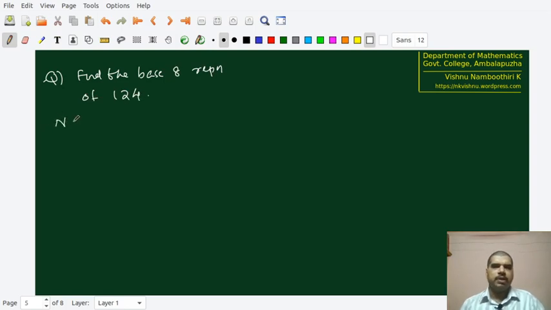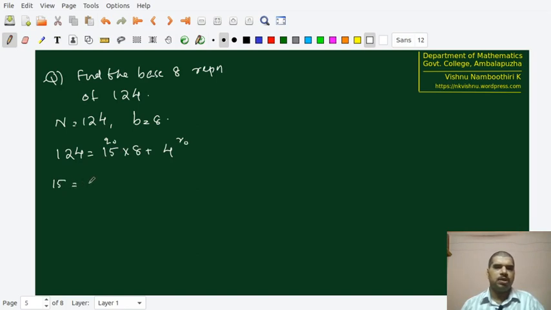So our n is 124 and b is 8. Now we apply the division theorem. So 124 is equal to, we have to find how many 8s are there, and 15 into 8 is 120. So 15 into 8 plus 4. So we have r naught here. Now this is our q naught.